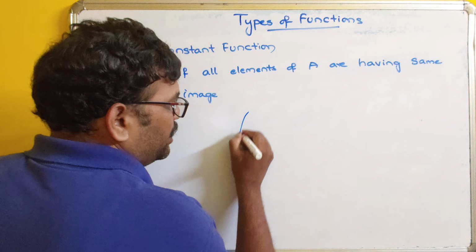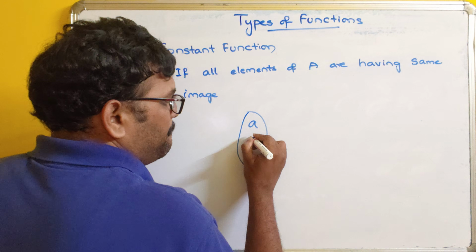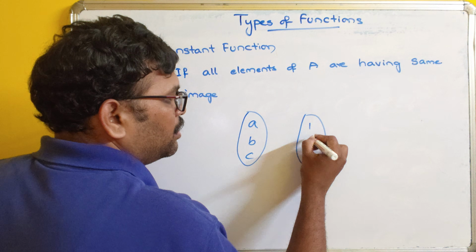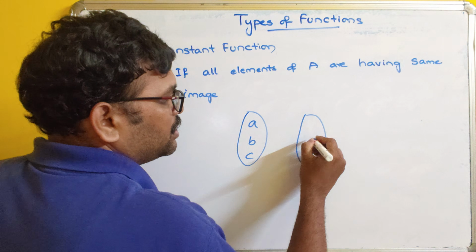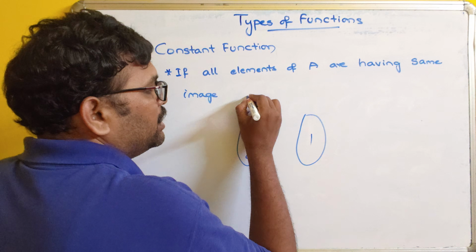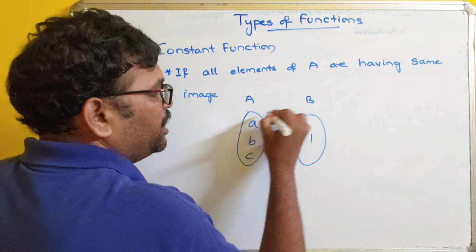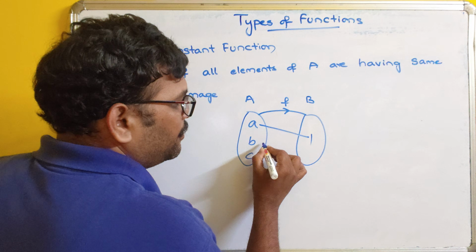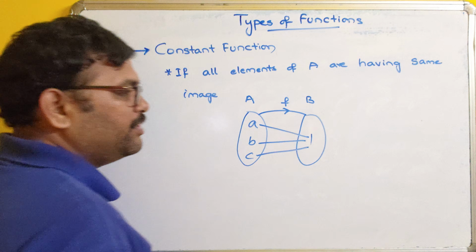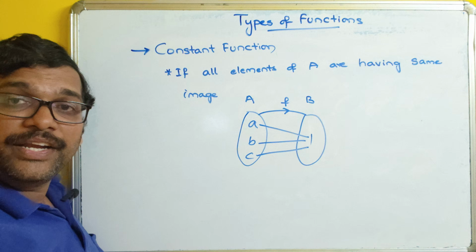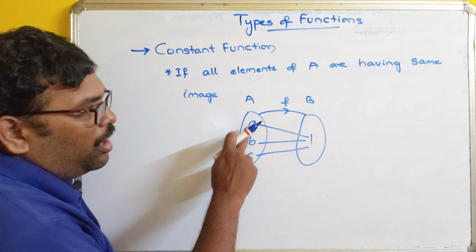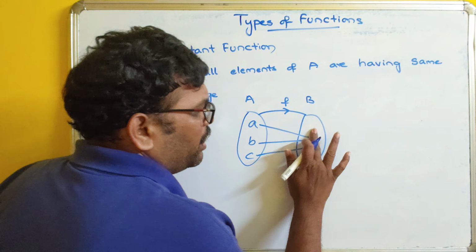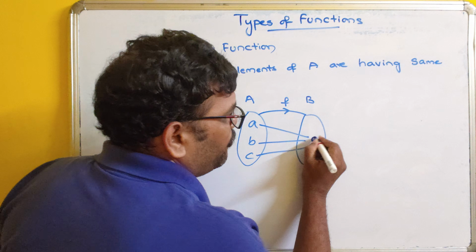So for example, let us take A, B and C, and again we will take one more set, some 1. So this is A and this is B, and there is a function F. If it is in this format, you can see all the elements of A are having the same image, 1, or you can take it as some 5.